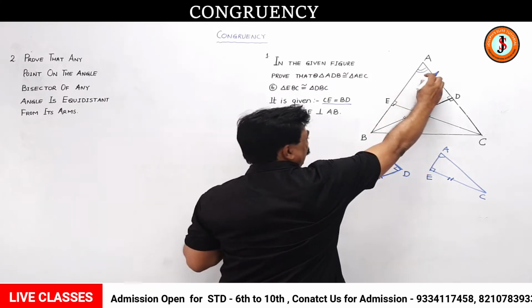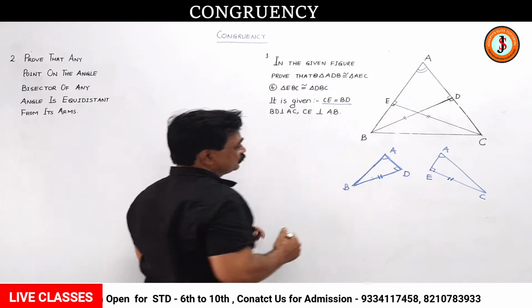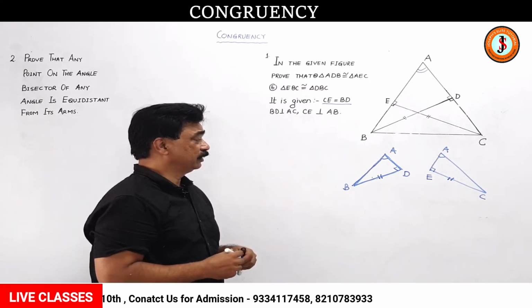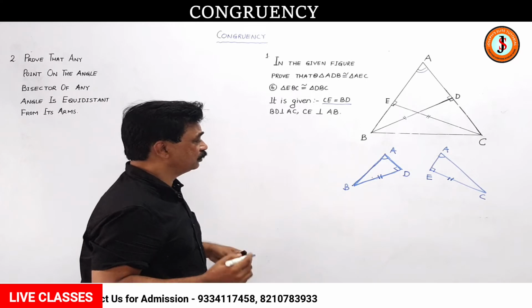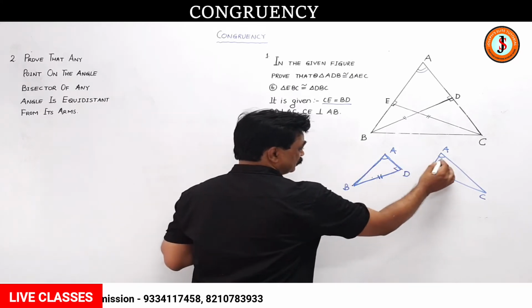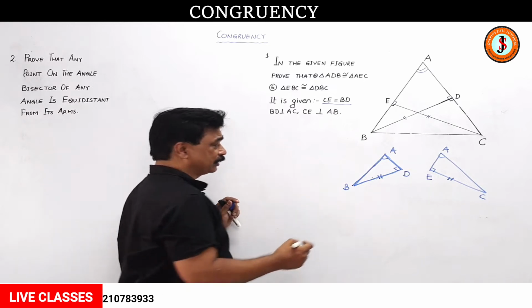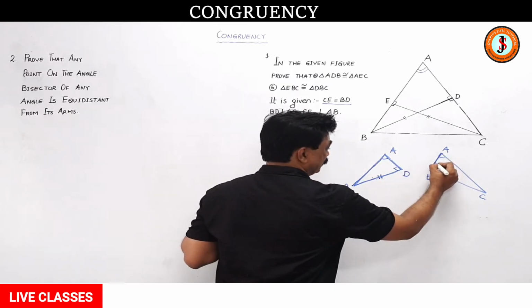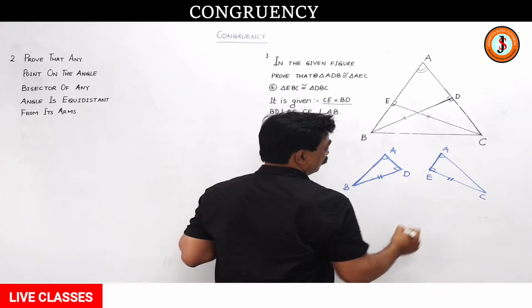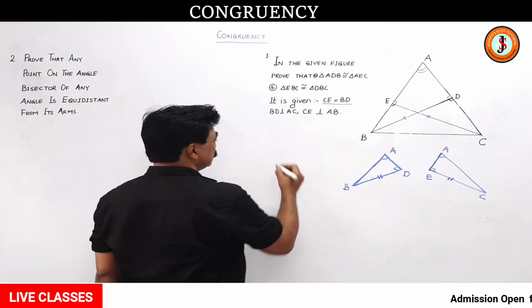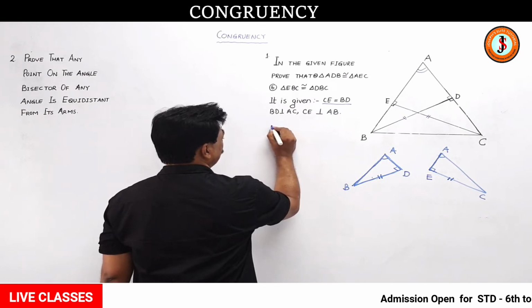This triangle I have snatched and kept it here. Your size is little smaller because of the use, otherwise exactly you can take it out. And then what happens? Now we can see these two angles are equal and non-included sides are equal. So, obviously both the triangles, that is ADB and AEC, will be congruent by angle and non-included side, that is AAS.